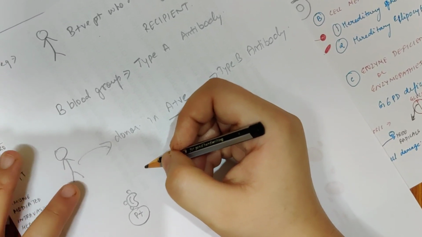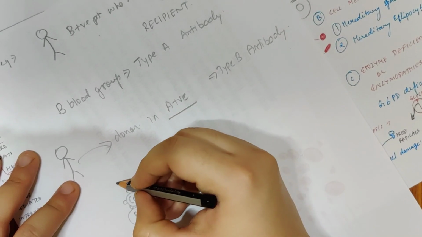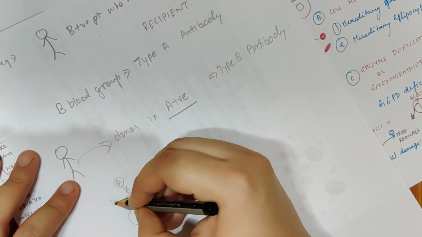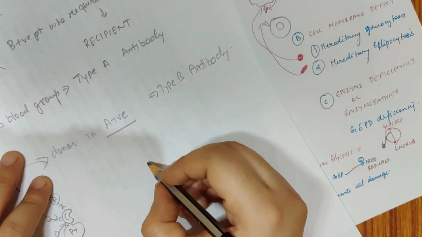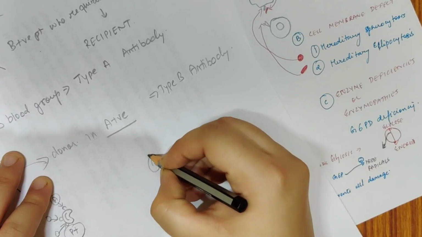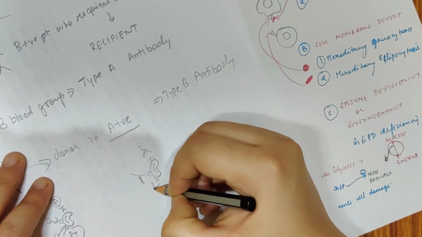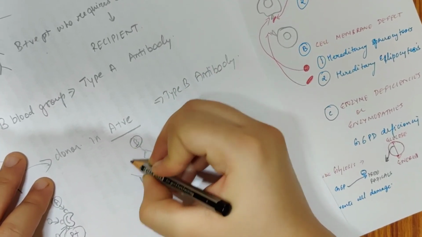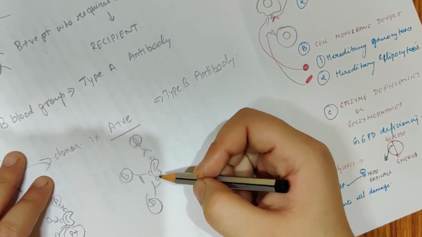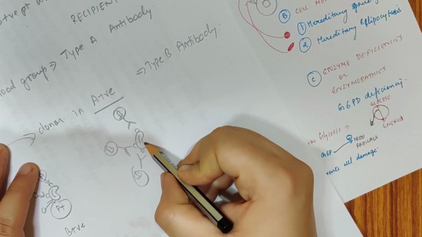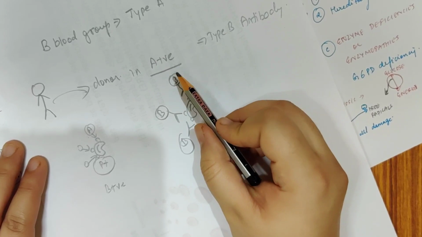Normally in a B positive patient, a type A antibody will come to this receptor. But after transfusion, if this is the RBC and these are your receptors, the antibodies that are coming are B antibodies. There is a cross reaction, because normally this RBC wants the A antibody to fix to this site, but B antibodies are coming.